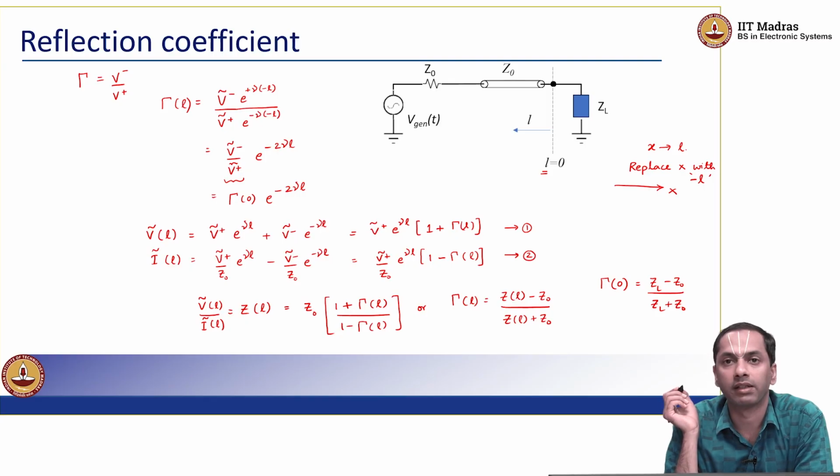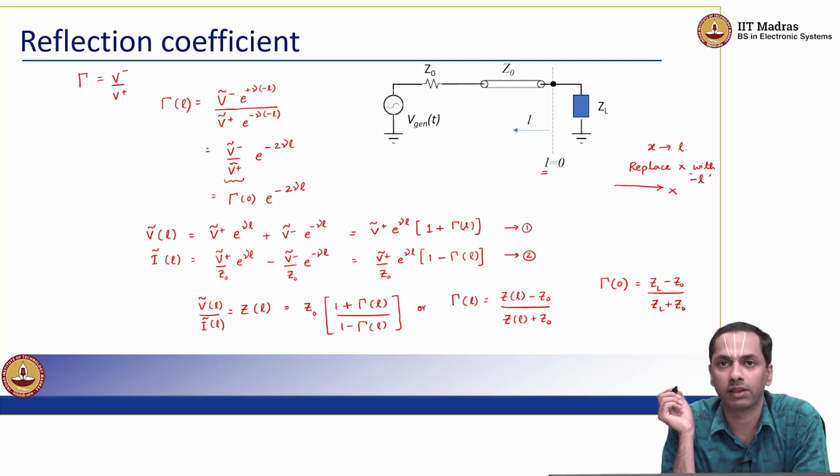We are just saying that even though the impedance is complex, don't worry about it. You take the complex impedance, you subtract away the characteristic impedance of the transmission line, and then divide it by the sum of the load impedance and the characteristic impedance. So this ratio should give you the reflection coefficient, which is now a complex number at the load.